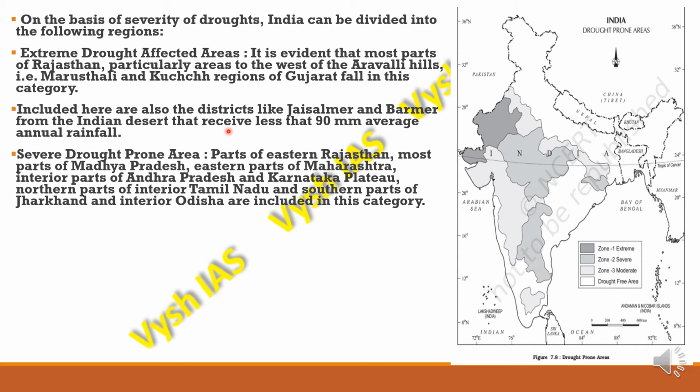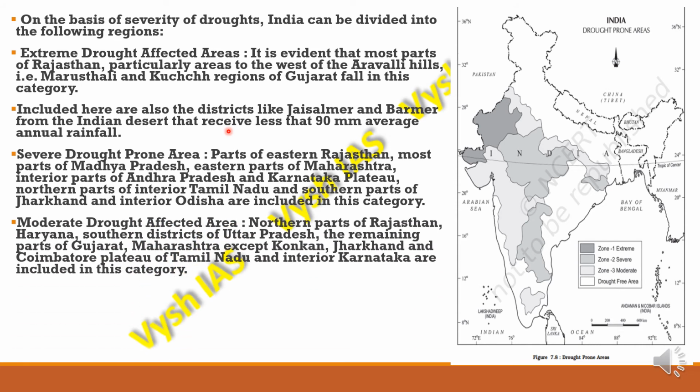Then the moderate drought affected areas are the northern parts of Rajasthan, Haryana, southern districts of Uttar Pradesh, the remaining parts of Gujarat, Maharashtra except the Konkan region, and also Jharkhand, the Coimbatore plateau of Tamil Nadu and the interiors of Karnataka, as some of the examples.